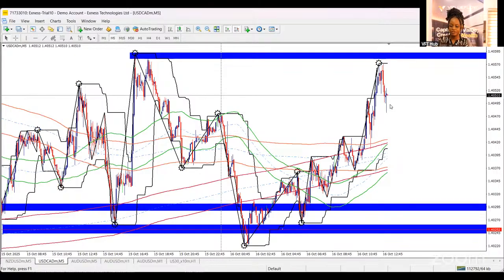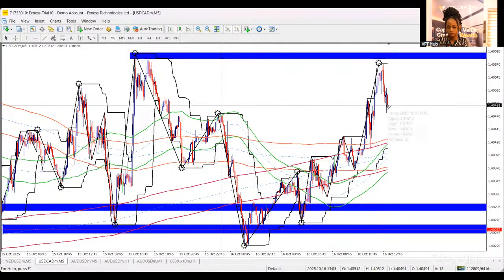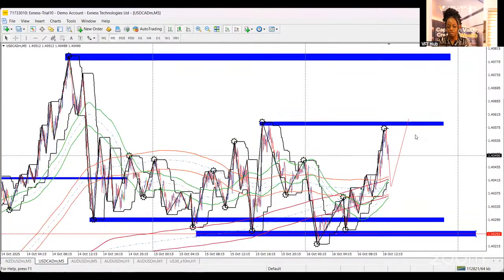But when price eventually returns here, I believe that all things being equal, it should give us a retest and a break above this resistance zone. So we may see something like this, and a break above. And if price happens to break through this, then we know that the next resistance it is going to face will be all the way up here.